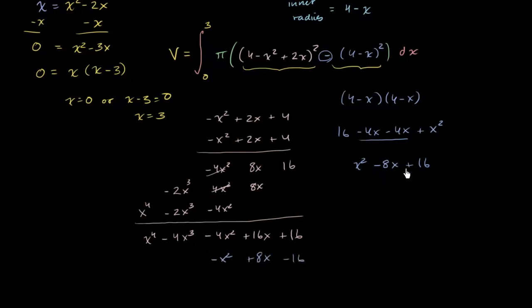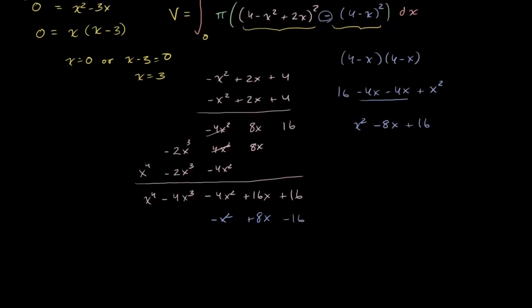So I'm just going to add the negative of this, and I'll do this in a new color, we get x to the fourth minus 4x to the third power minus 5x squared plus 24x, and then these cancel out. So that's what we are left with.